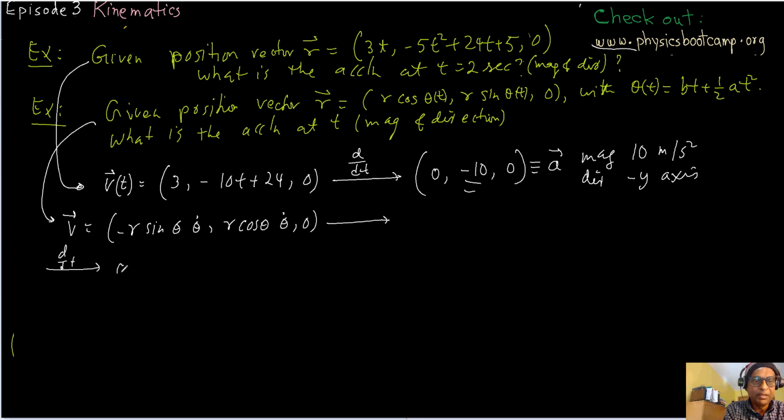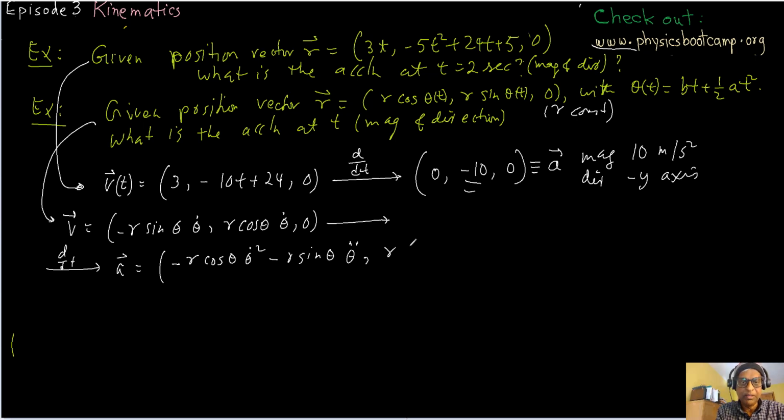So the acceleration will be, of course R is independent of time, R constant, so minus R sine theta, going into cosine theta, theta dot squared now, one more, and then minus R sine theta, but two derivatives now, and this over here is R cosine theta, theta double dot. So: minus R sine theta theta dot square, plus R cosine theta theta double dot, and then of course the z part is 0.